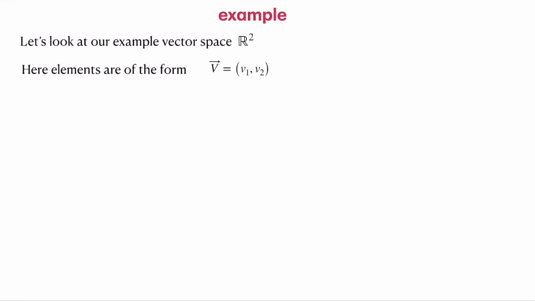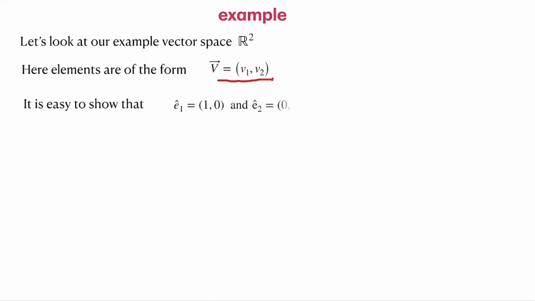Okay, let's look at some examples of basis vectors. Let's take our standard R2 and construct some basis. Here all the elements of R2 are represented by two-tuples V1 and V2.